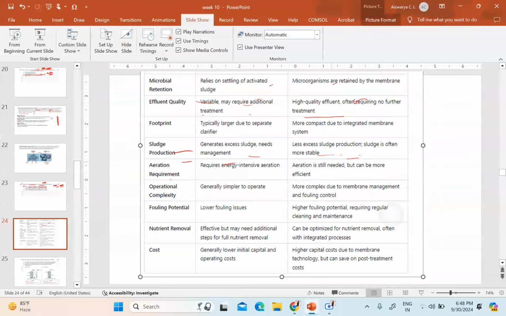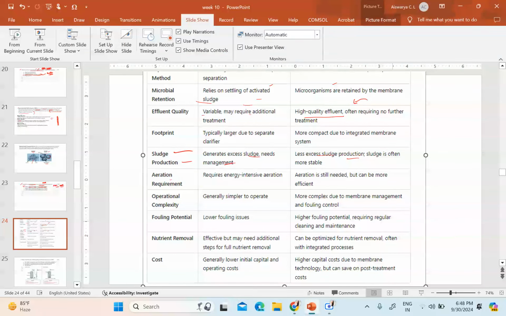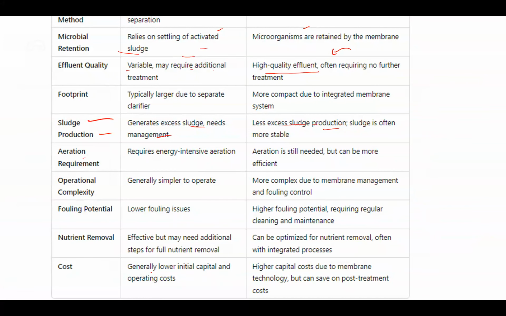Okay, then at least cost we can discuss. Generally the activated sludge process needs lower cost, and operation cost is also less. But when we see the MBR process, the capital cost is high due to the membrane technology. But it can also be said that we can save on post treatment if we are using MBR.